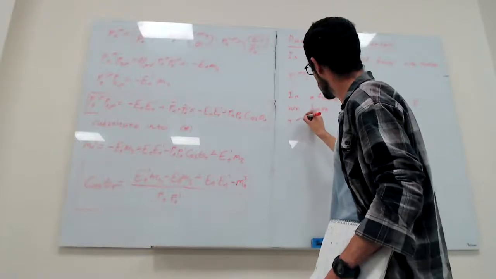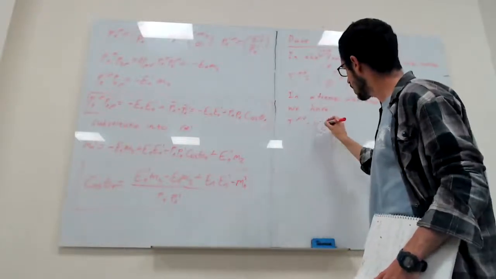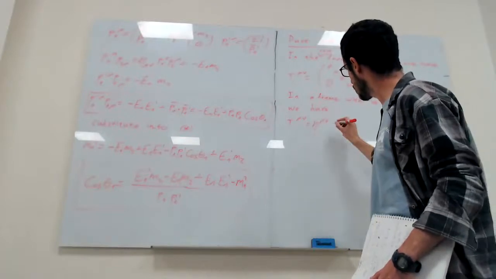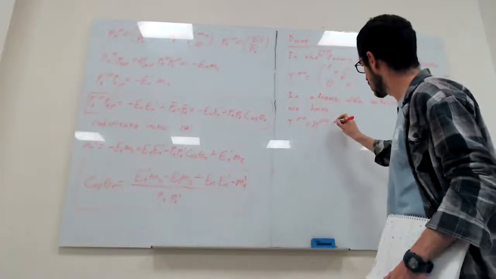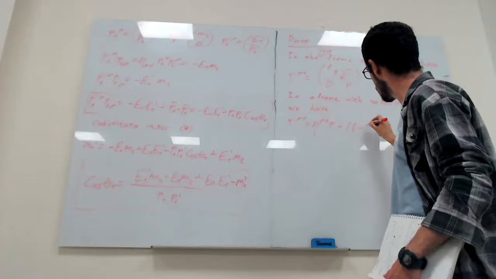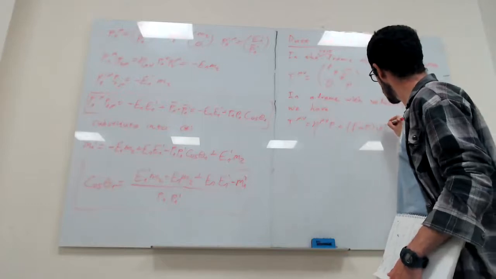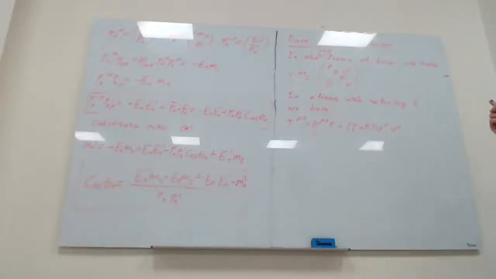T mu nu equals eta mu nu p plus rho plus p times u mu u nu. You recall that? Yes. You know our scalar, right? Yeah.